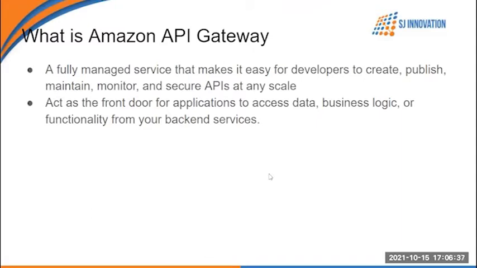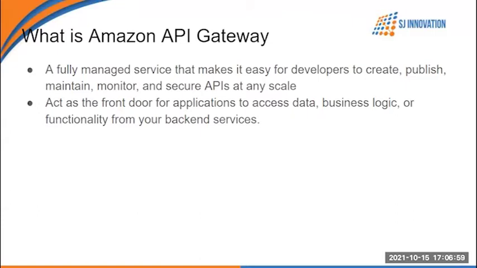So, to reduce those efforts and ease the process of allocating resources and establishing communication, AWS came up with Amazon API Gateway.